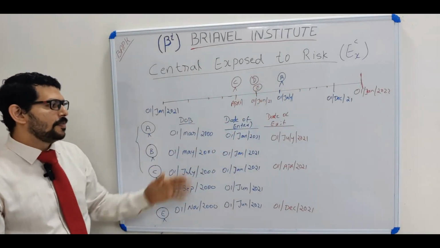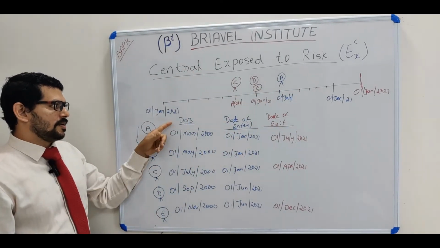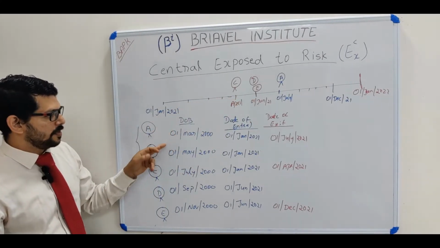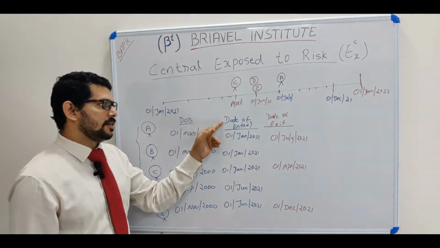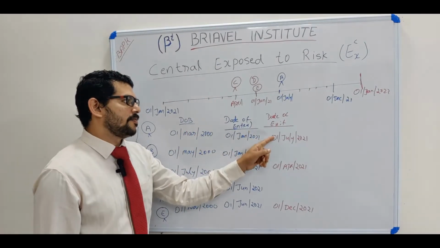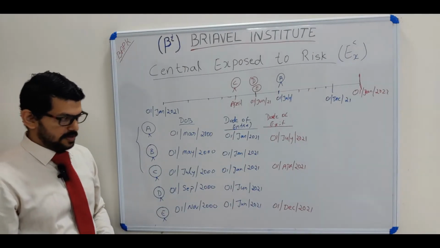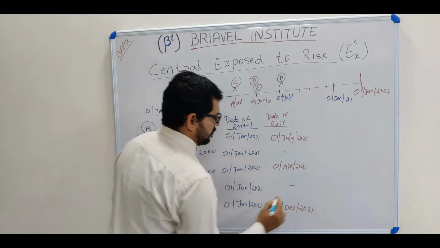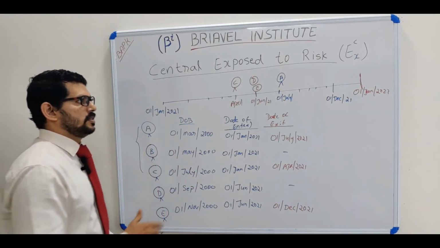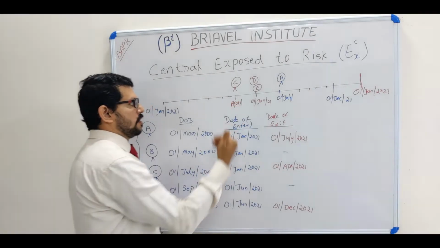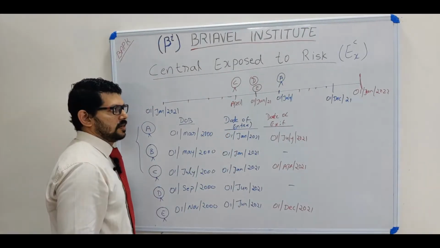Our data is collected by the story: the date of birth of each person, the date of entry into the observation period, and the date of exit from the observation. This date of exit may be for some other reason. Because of some other reason he is withdrawn; he comes out of the risk.